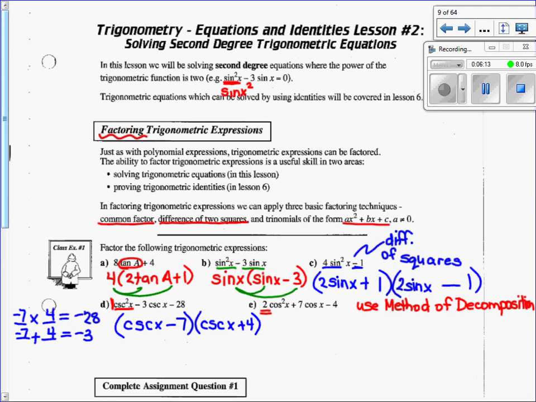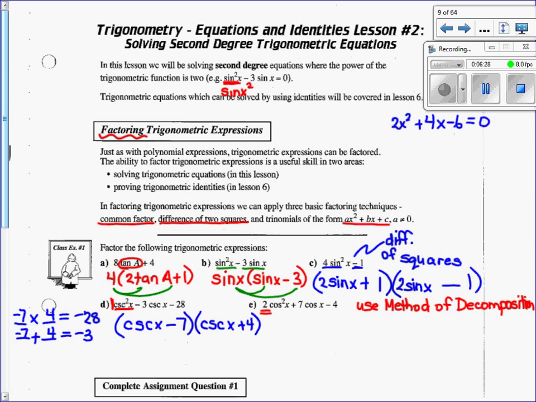Okay, so if I give you this equation, 2x squared plus 4x minus 6 equals 0, of course, because it would equal 0 if it was an equation.